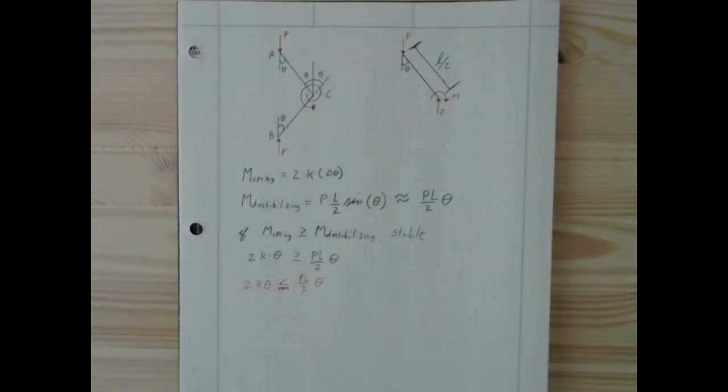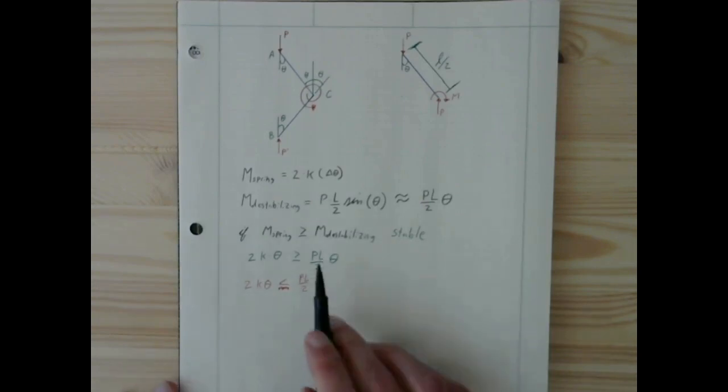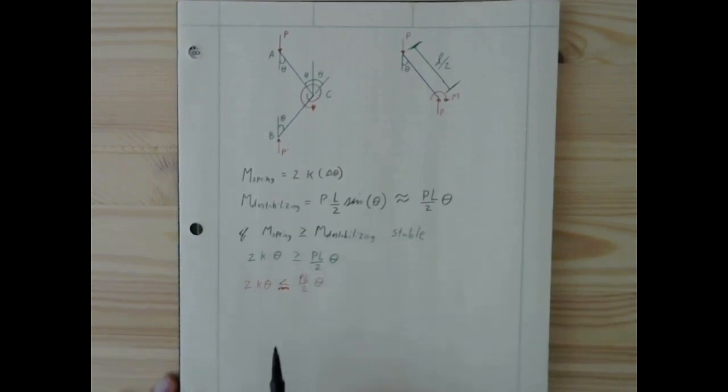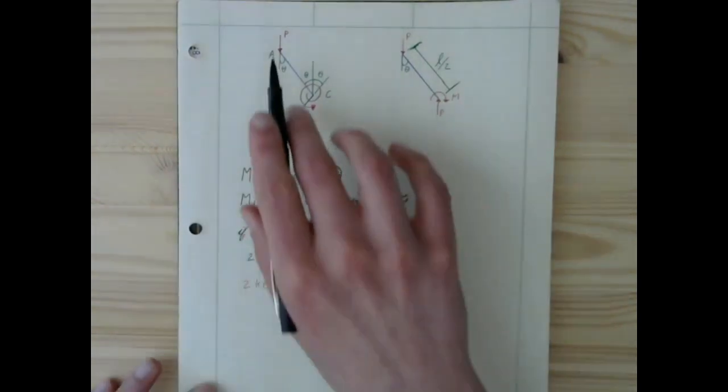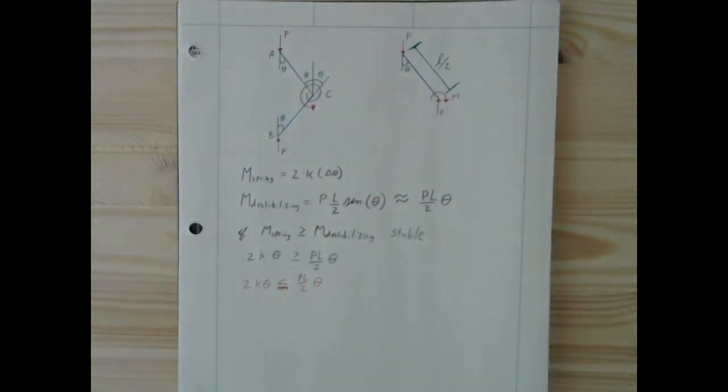Those of you who are actually really paying attention are probably going to note that this theta is on both sides. And what we really are going to want is this P all on its own, right? Because that'll give us the amount of force that we can apply before buckling begins.